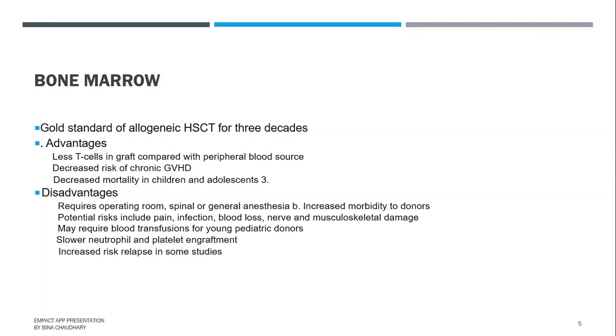Even so, there are disadvantages. It requires an operating room with general anesthesia, and it sometimes increases morbidity to the donor, including pain, infection, blood loss, and musculoskeletal damage. Sometimes young pediatric donors require blood transfusion.